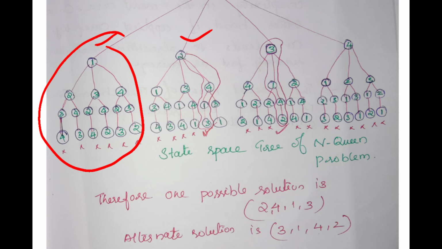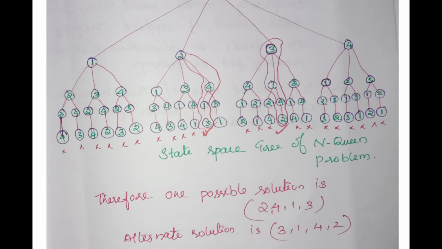Then the second one. The second queen is here, so what are the remaining numbers? Second is right here, then the remaining numbers are 1, 3, 4. Taking this section only, the remaining numbers are 3 and 4.